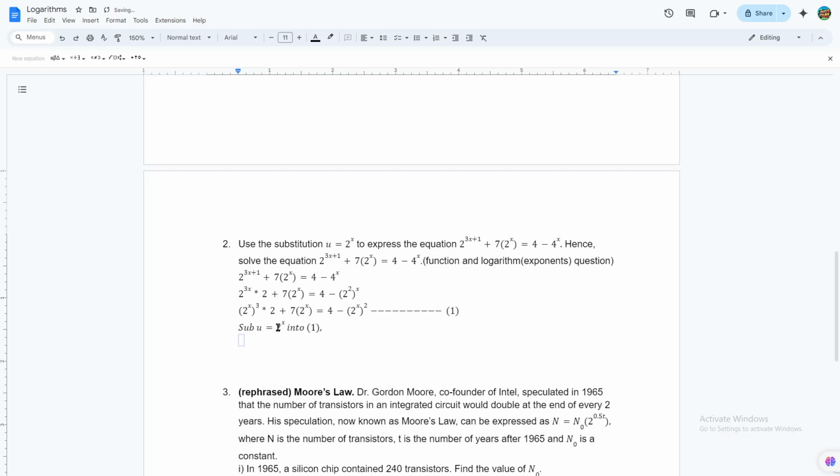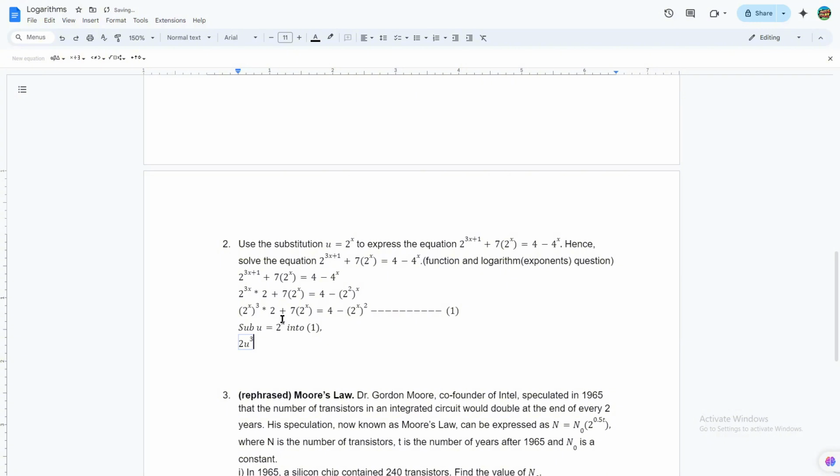This is why I do not simplify this into 2 to the power of 2x, so I can substitute u in easier. So we've got 2^x to the power of 3, which is u to the power of 3, times 2 is 2u to the power of 3, plus 7u, equals 4 minus, 2 to the power of x is u, so 2^x to the power of 2 is u to the power of 2.